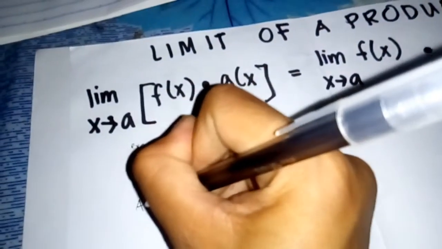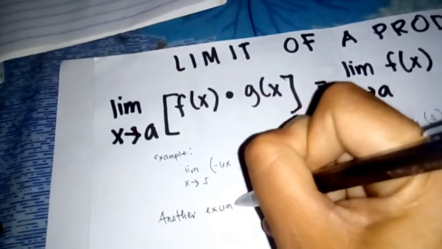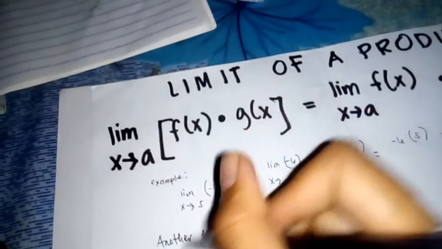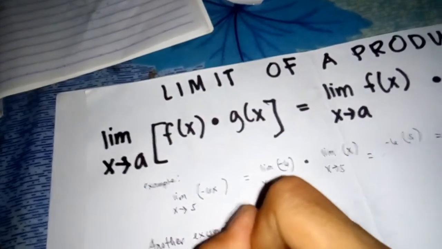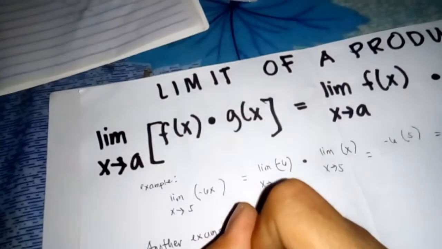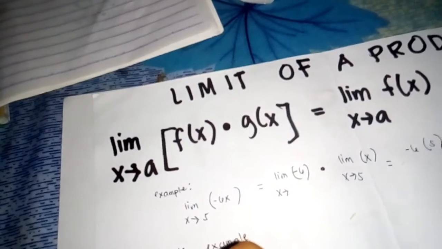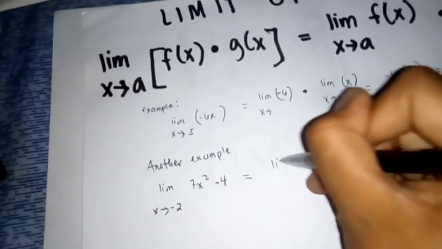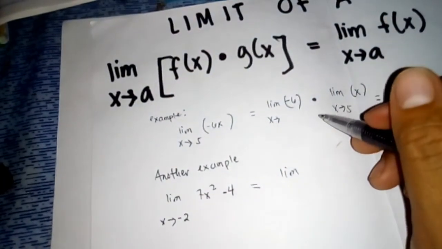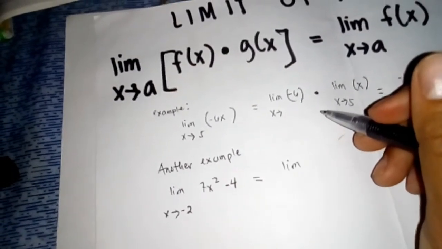Here is another example. The limit of 7x squared minus 4 as x approaches negative 2 is equal to the limit of 7x squared minus 4.